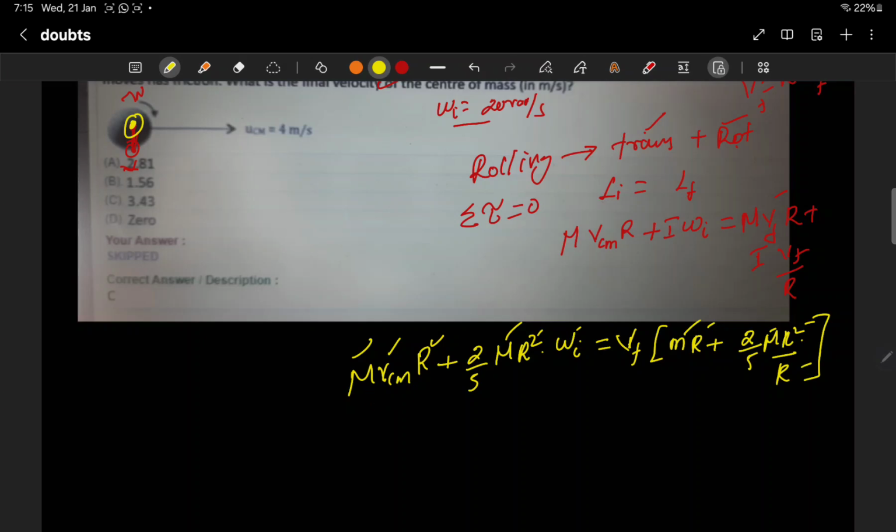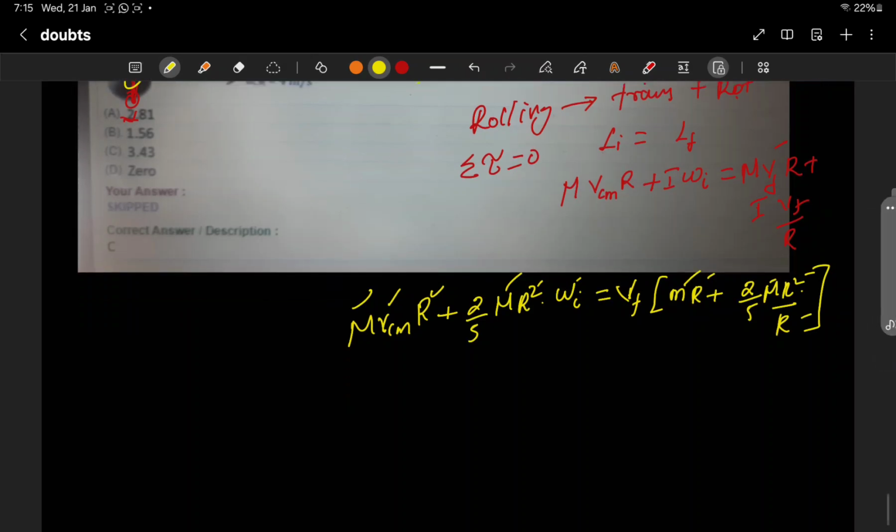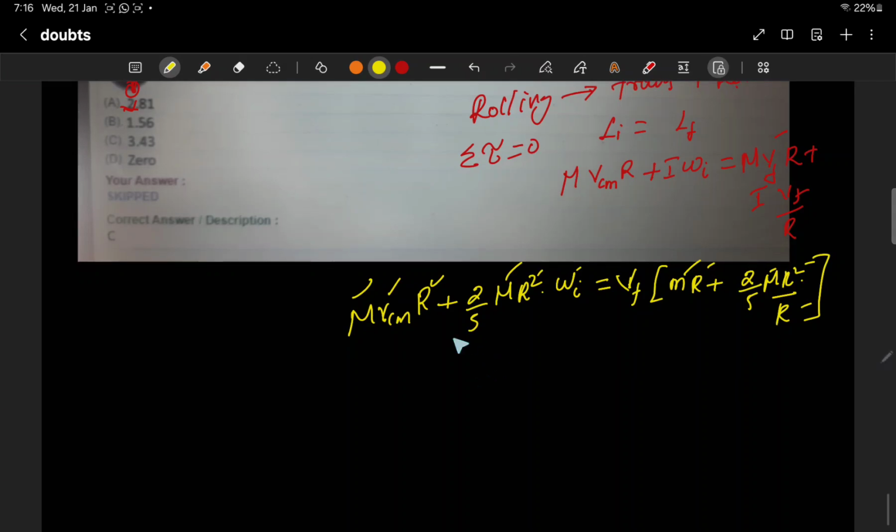So now we have to solve this. Okay, apply all the values in this and then solve. Okay, I am not solving it fully here. I think instead of this we can take mr also common.